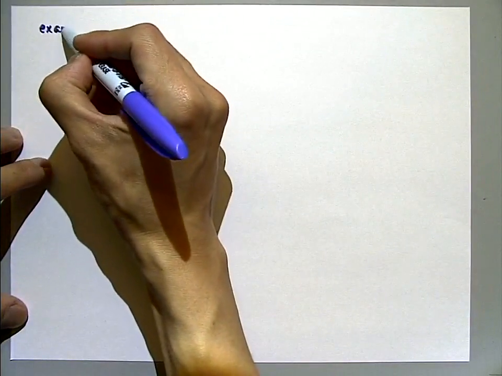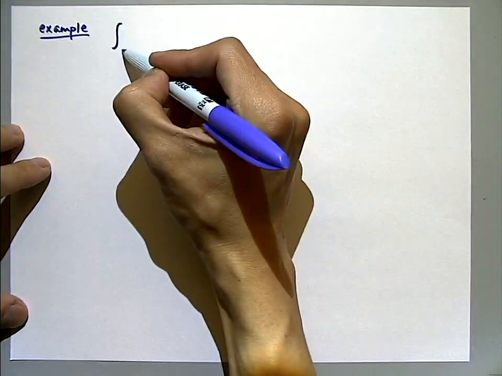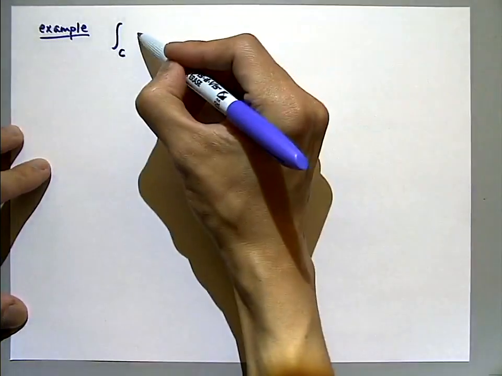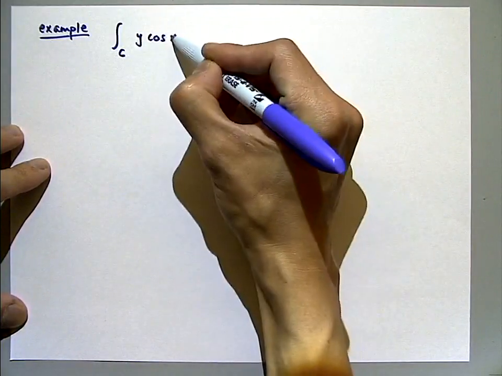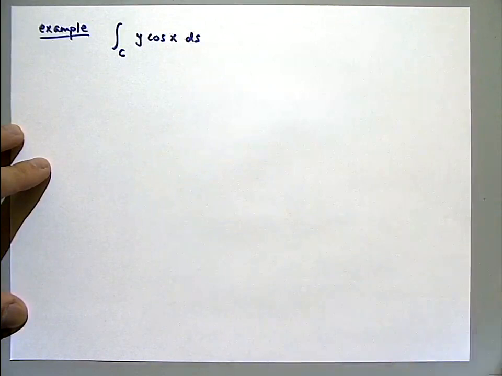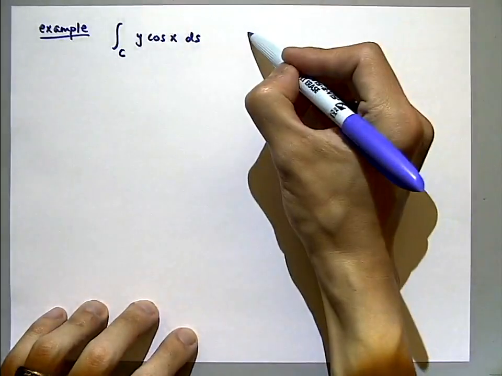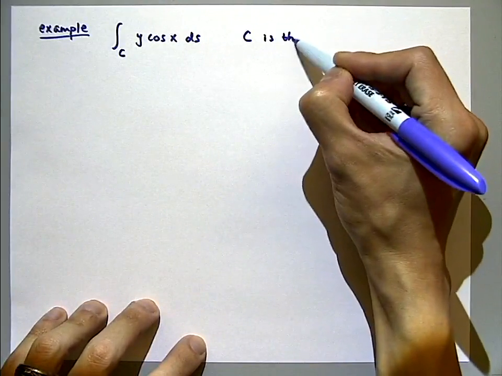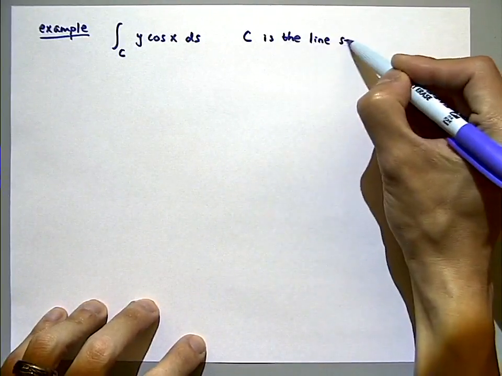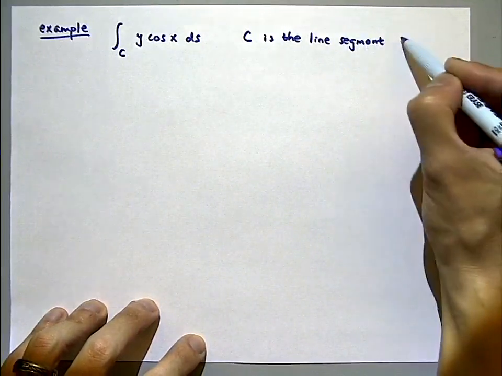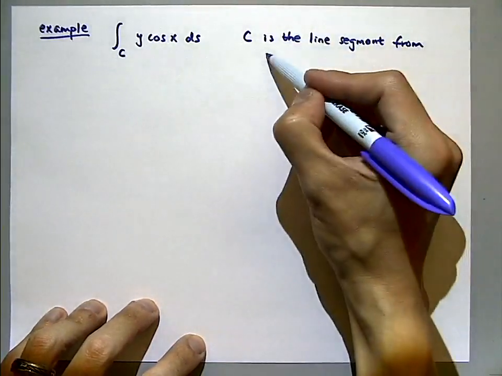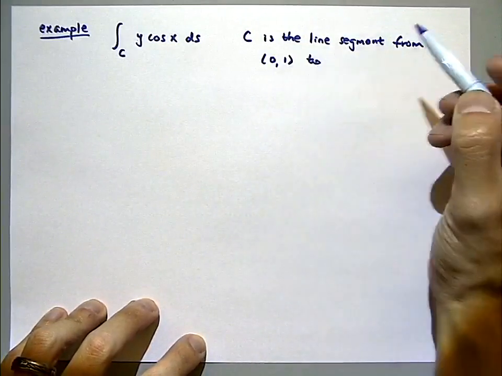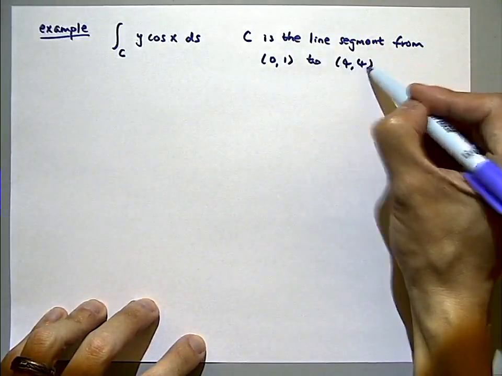Okay, let's try that out on something. Let's find the line integral along C of y cosine of x ds, where C is the line segment from the point (0, 1) to the point (4, 4).